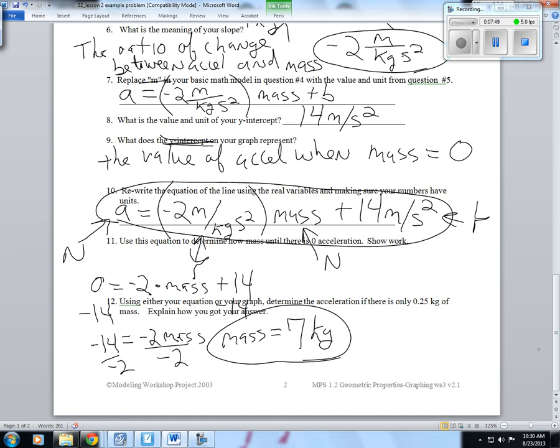Let's plug into our equation. Acceleration is equal to -2 times 0.25 plus 14. -2 times 0.25 is -0.5, plus 14. So acceleration is 13.5 meters per second squared. And make sure you include the units.